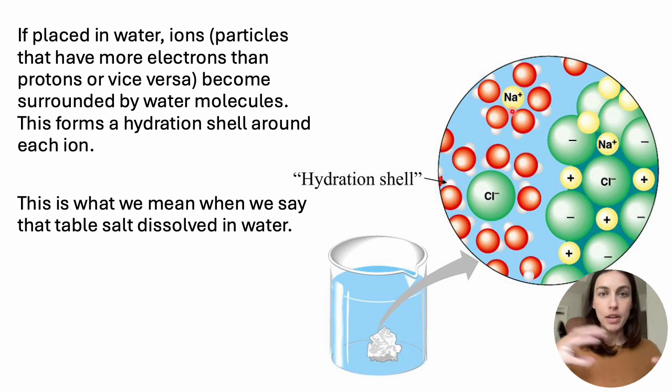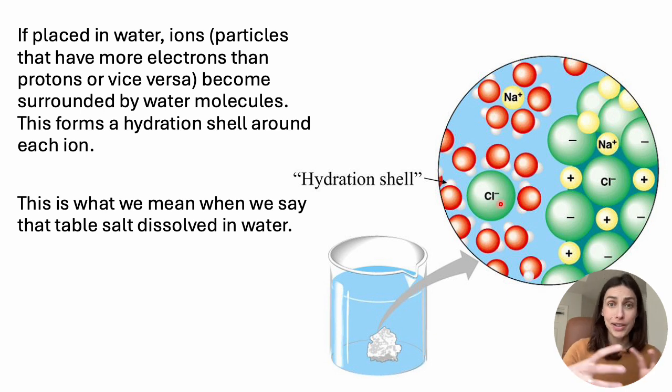And so as everything in the liquid is bouncing around, each of these ions has a water sphere bouncing around with it. And so when we say that something's dissolved in water, like when table salt became dissolved in water, it means that the sodium and the chloride ions are separated from one another because there's a bunch of water in between. Okay?